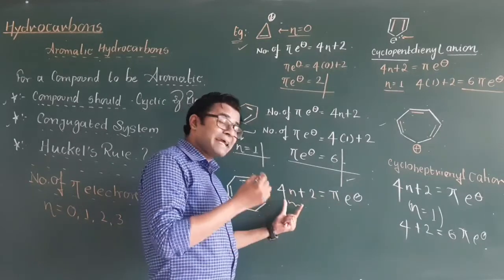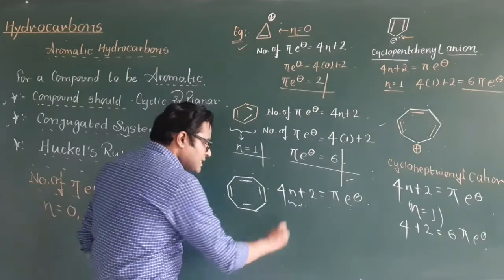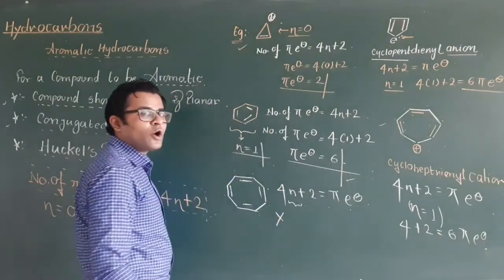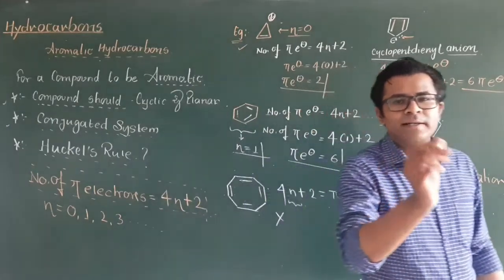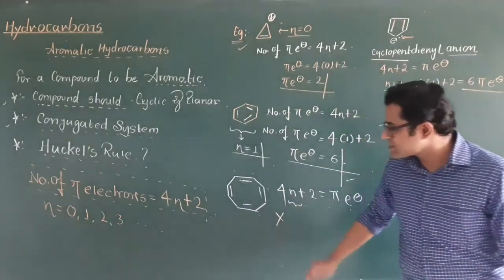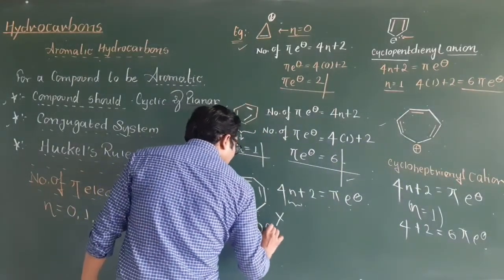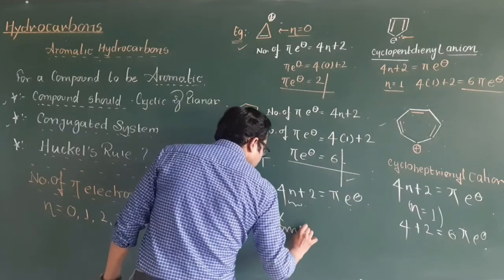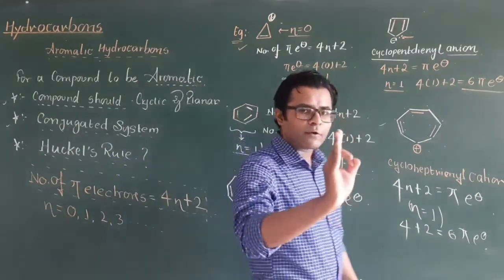If I insert n equal to 2, it is going to give me 10 pi electrons. So here the Huckel rule is not applicable in cyclooctatetraene. This system is non-aromatic in character.